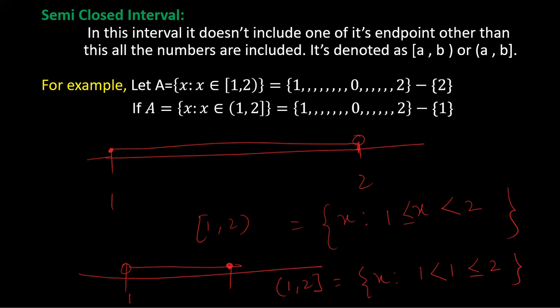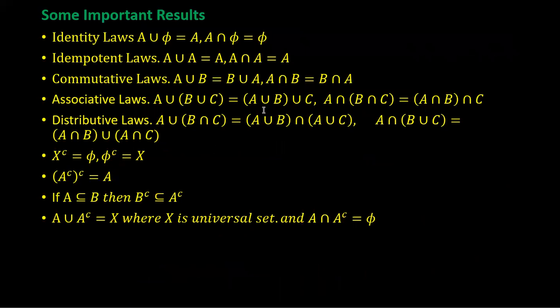Now I have listed some important results that we need to remember. A union phi equal to A. If we take, let's say, A is a set 1, 2, 3, and take A union phi, that will obviously be A, because phi is nothing but a null set.